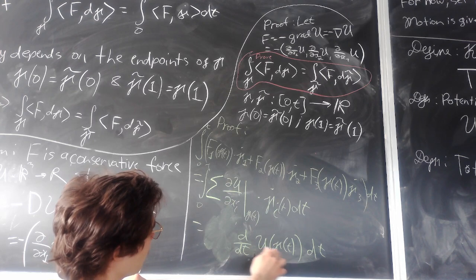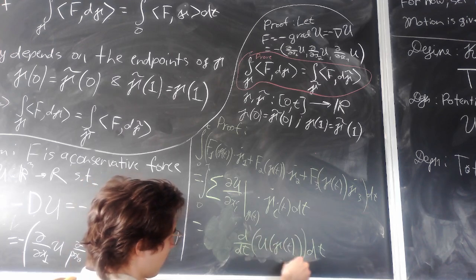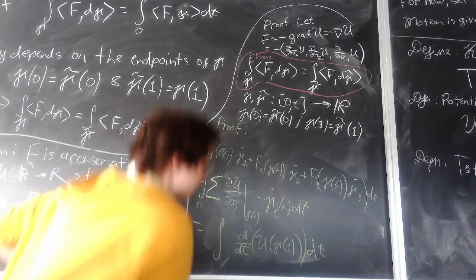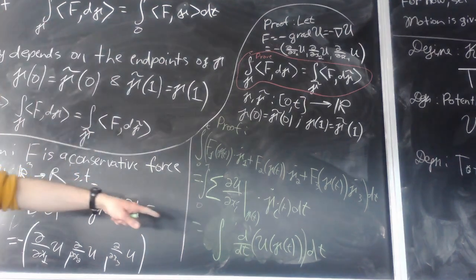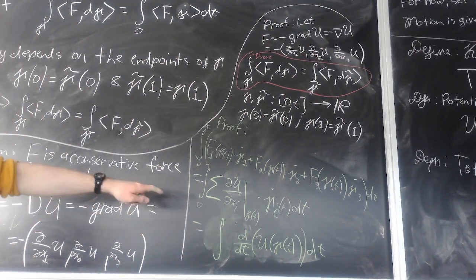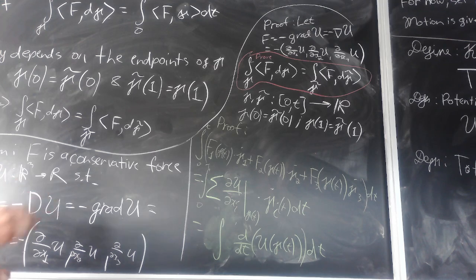This is this derivative. Yes, correct, I am writing this correctly. There we go. No sum, because once I take the derivative with respect to t, I'll need to differentiate in each coordinate. Sorry, I'm not being clear.